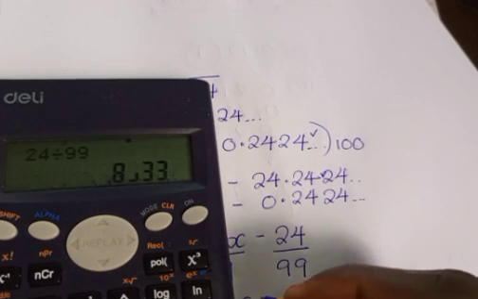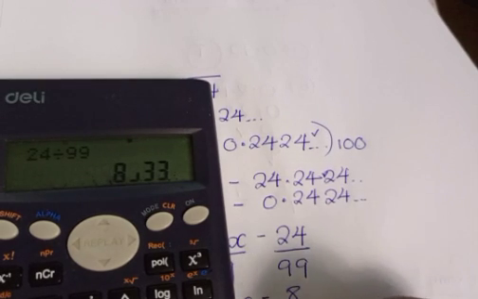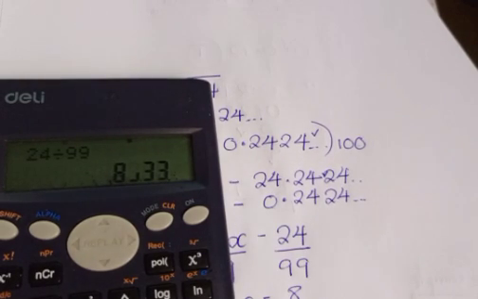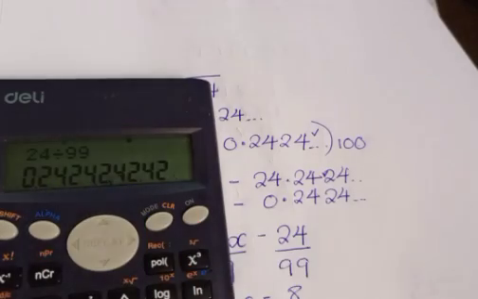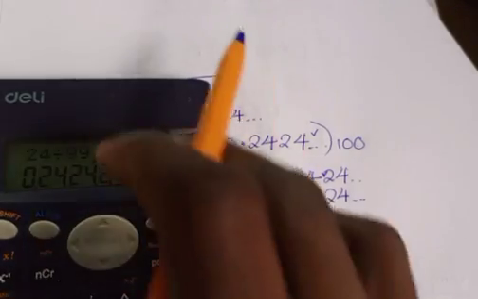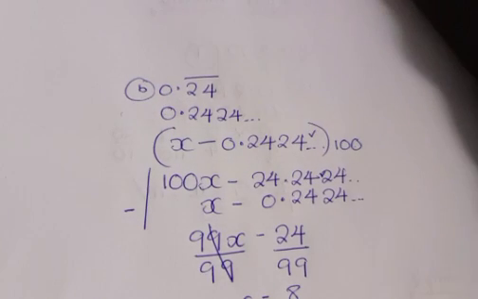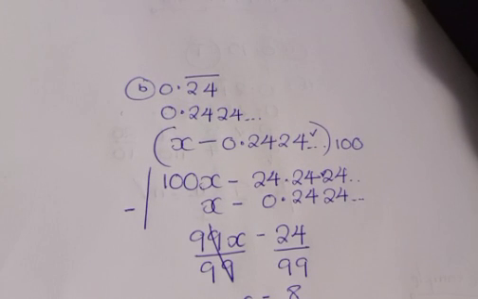In this case the answer will be 8 over 33. So that when you punch, this will continue giving you the 0.2424 to be the repeating numbers. So this is how we make 0.24 to be a over b.